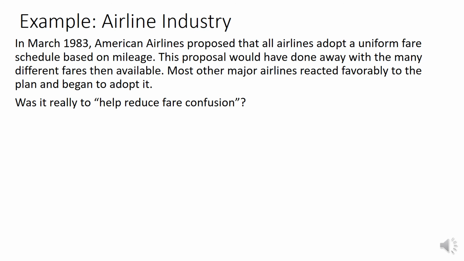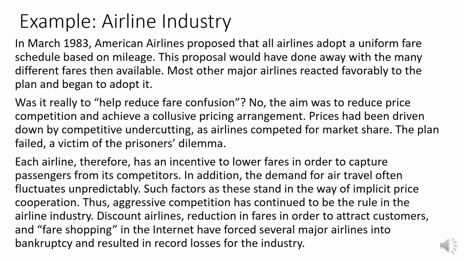Now, is the reason they reacted favorably because they were worried that their consumers were confused by the different pricing models out there? No. They want to reduce competition and collude. They want to screw you guys over.